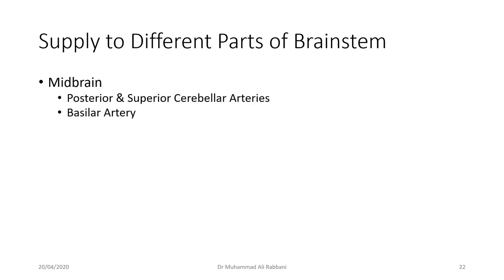So you have now studied the different blood vessels and their branches, and you have seen in the pictures how they move around different parts of the brainstem to the other structures.